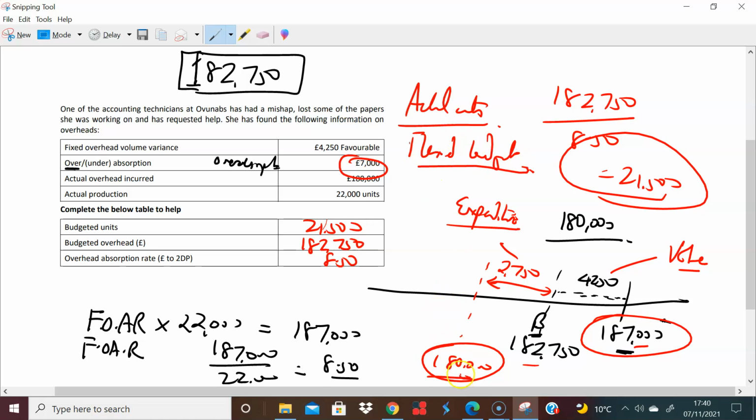From here, we could start working backwards, based on the total number of units, and find the £8.50.